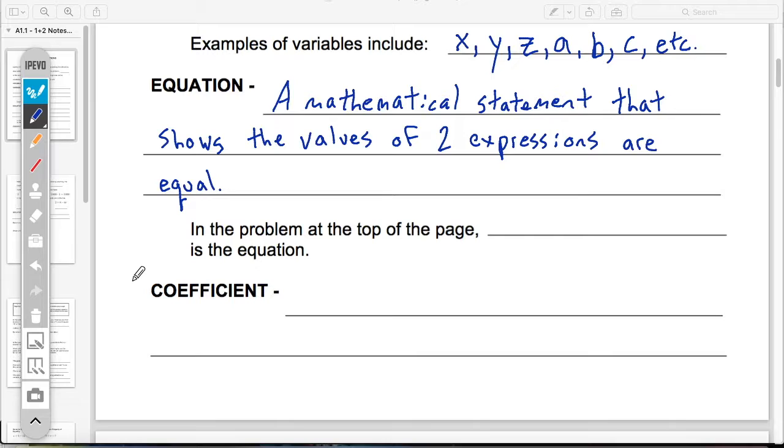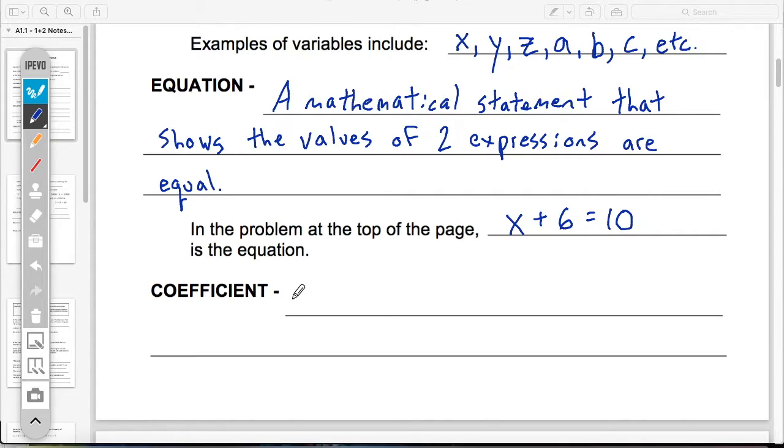So in the problem at the top of the page, the equation is x plus 6 equals 10. This equal sign means this expression, x plus 6, and 10 have the same value. We'll come back to that a little later.